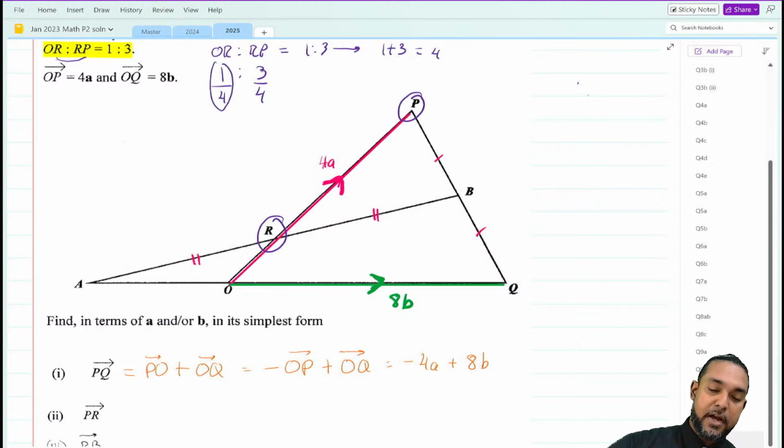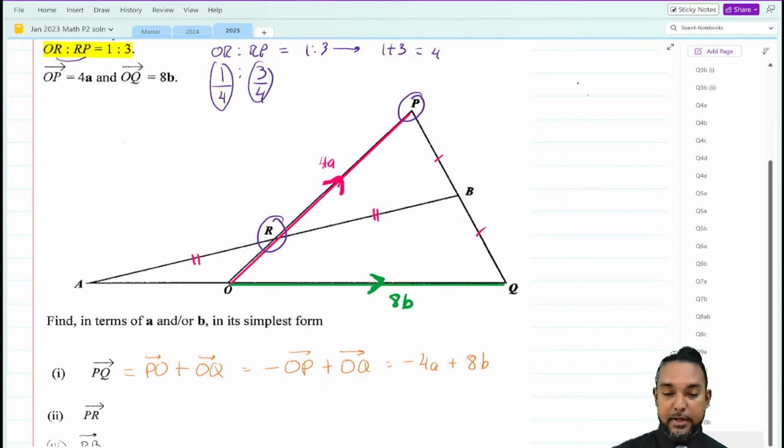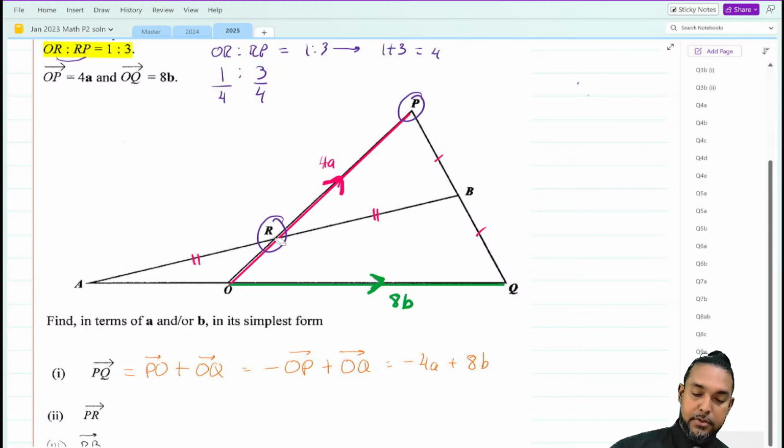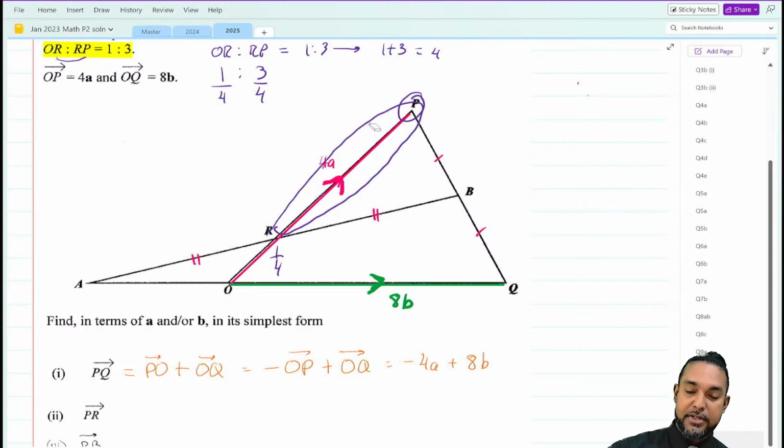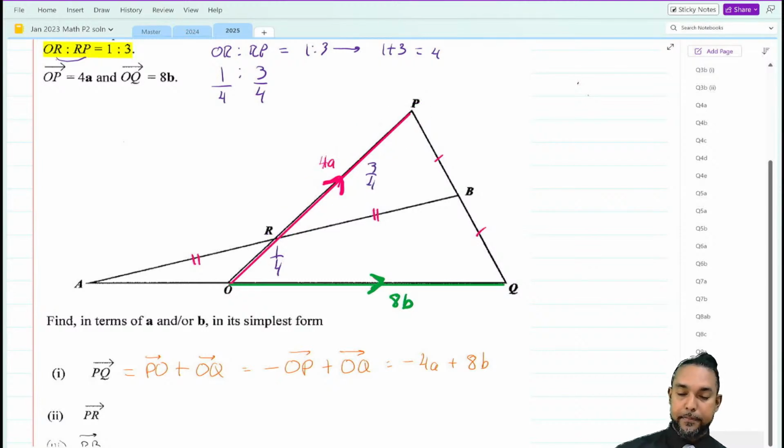These fractions are the fractions of the larger line on which those pieces lie. So OR is just this segment down here, and that's 1/4 of the whole pink line. And RP is this larger segment up here, which is 3/4 of the whole line.